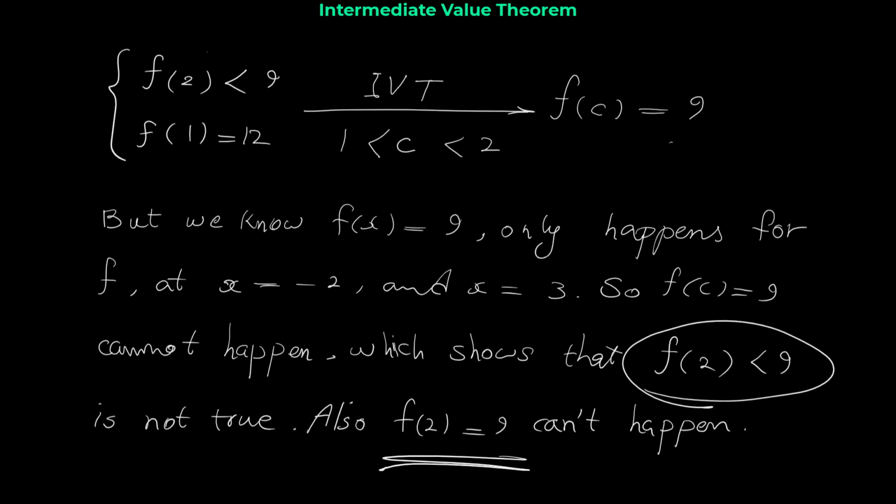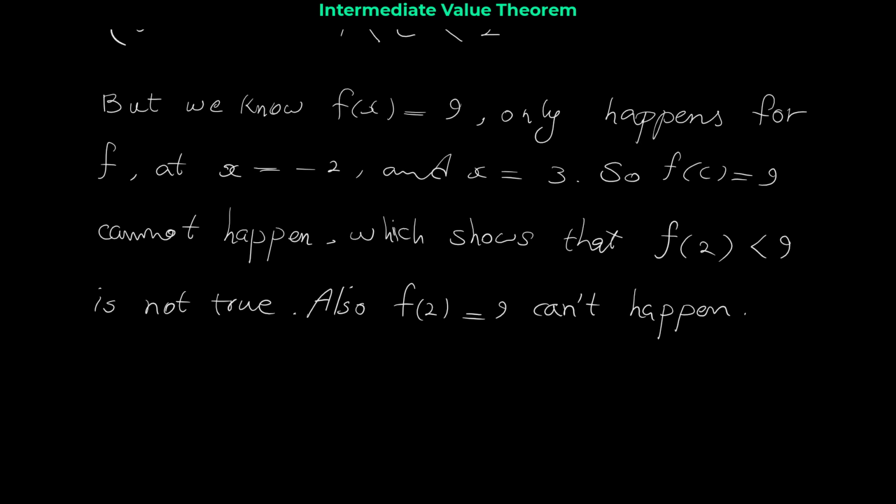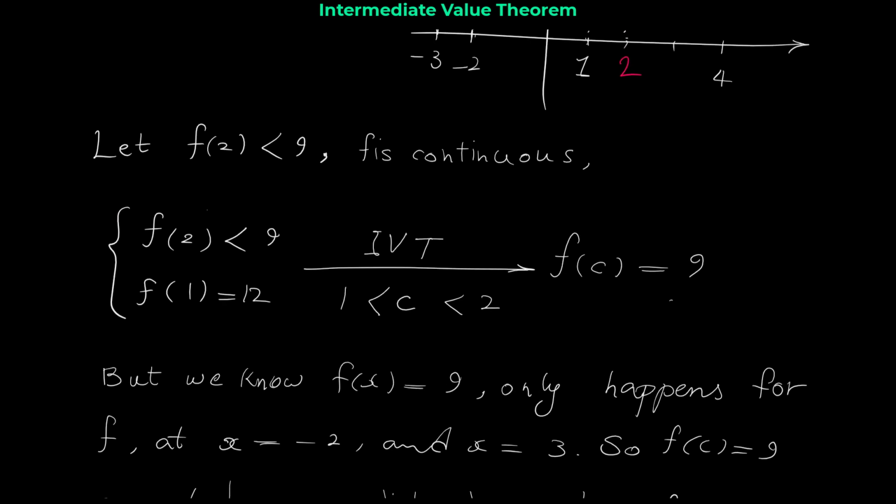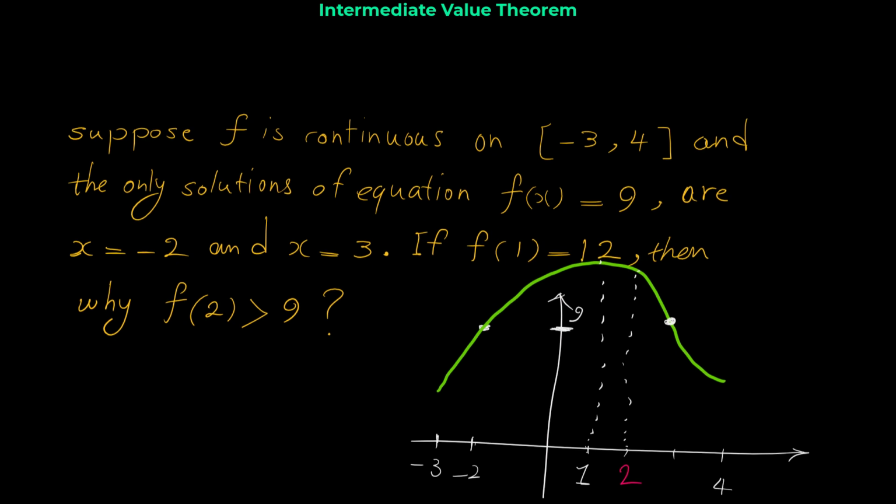Also f of 2 equal 9 can't happen. So what can f of 2 be? Only f of 2 can be greater than 9. And this completes this question.